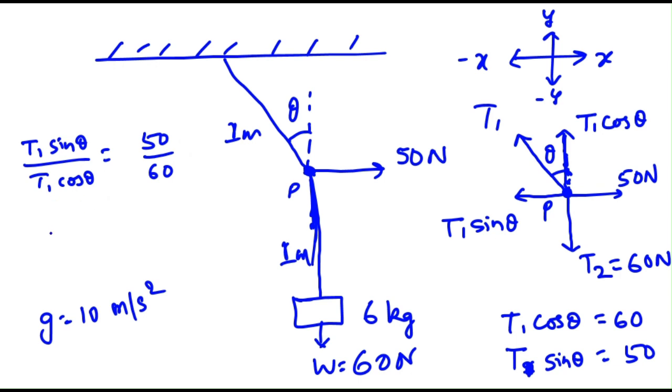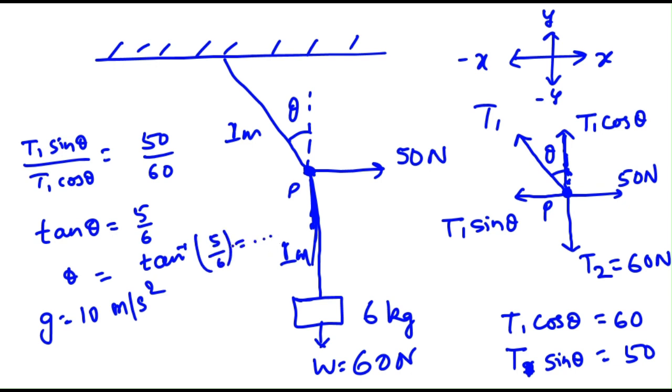So tan theta equals 5 by 6, and theta equals tan inverse 5 by 6. We can calculate the value using a calculator. This is the angle the string makes with the vertical when point P is in equilibrium. So these are the two examples for now.